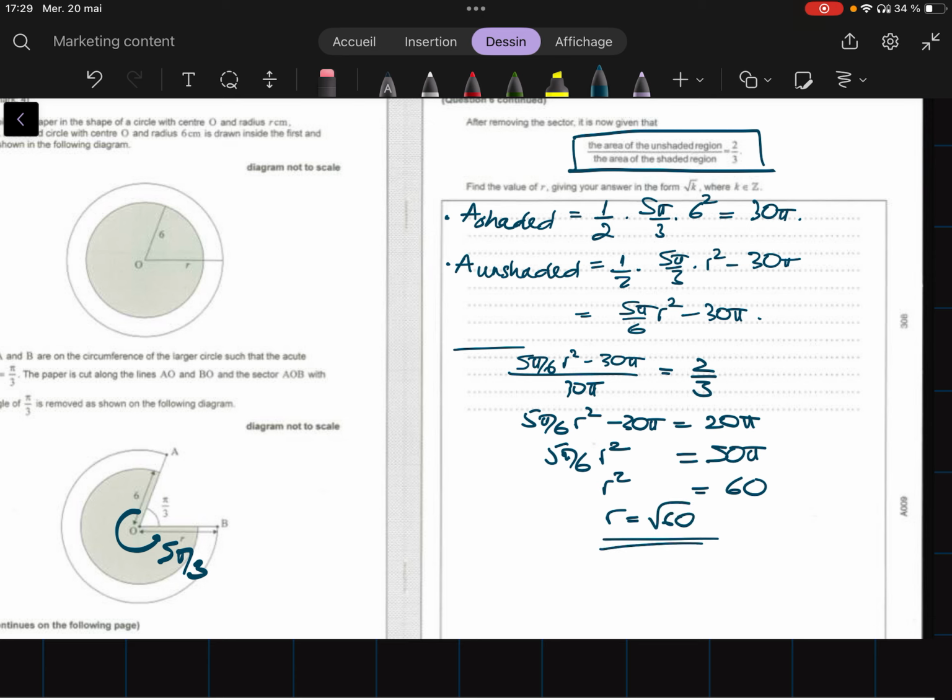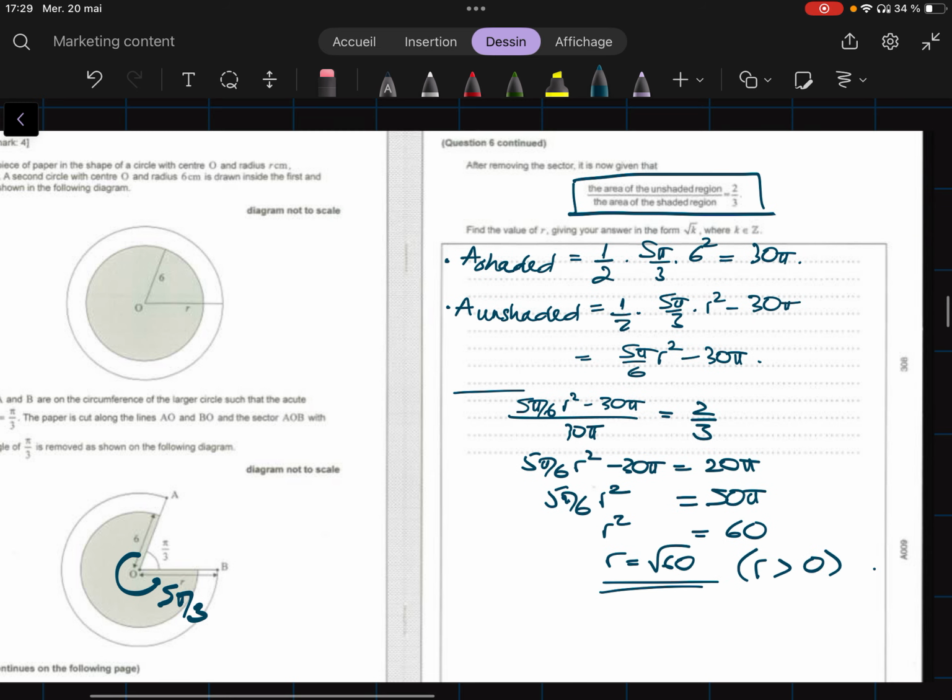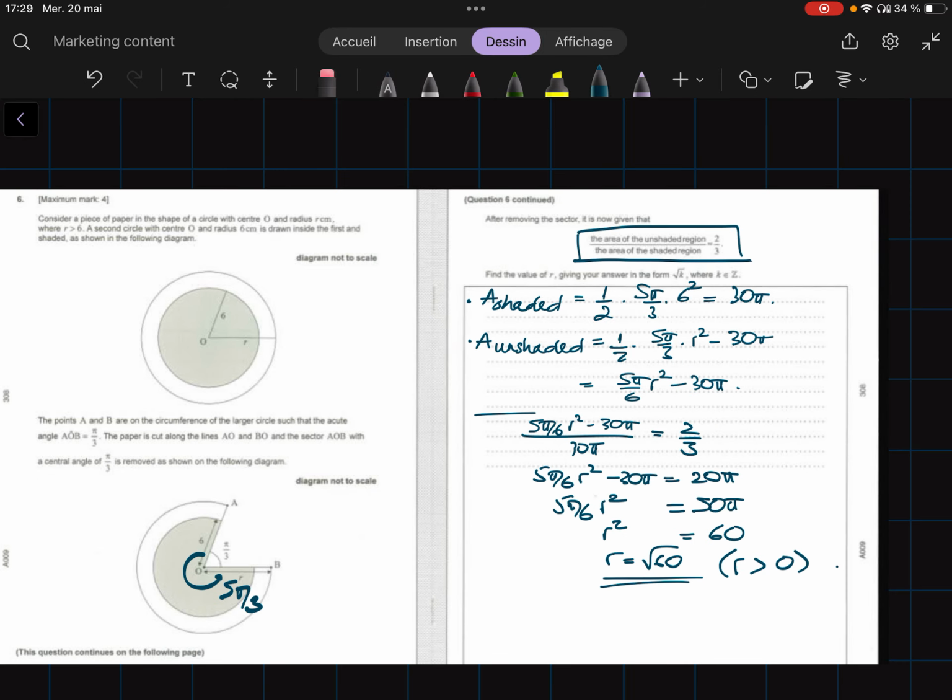So r is equal to root of 60. R has to be positive. Also, why is this 4 marks? Does not make sense. But hey, that's the IB for you.